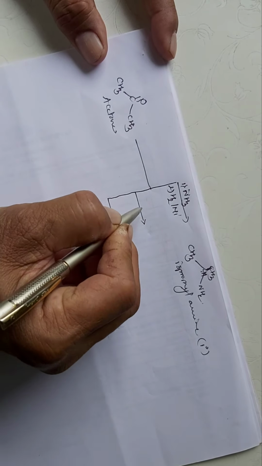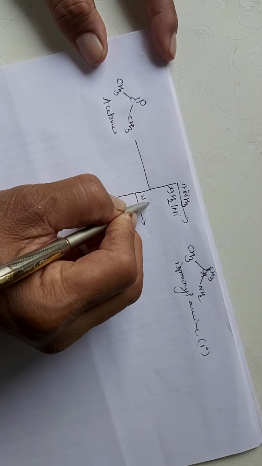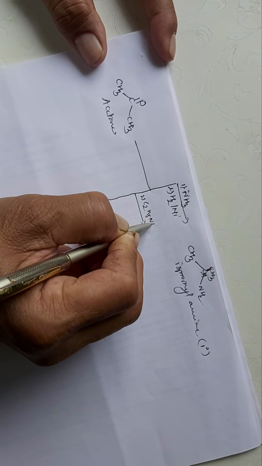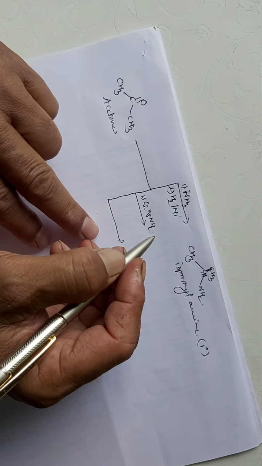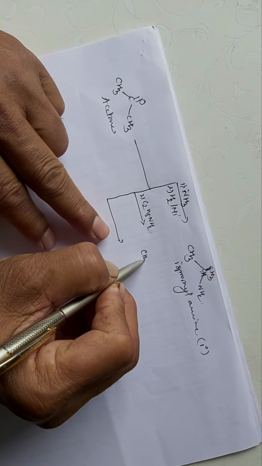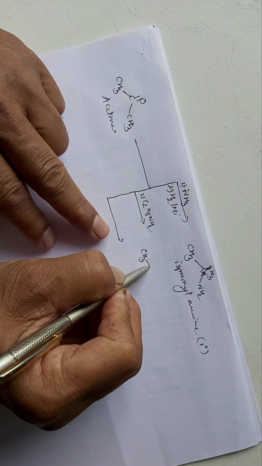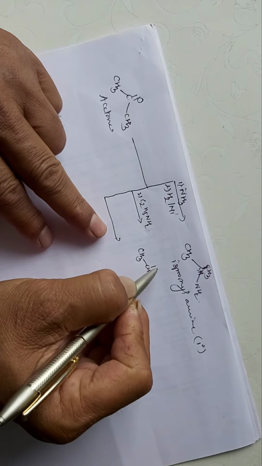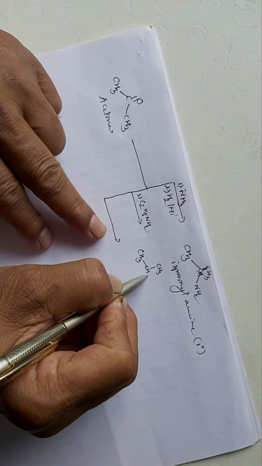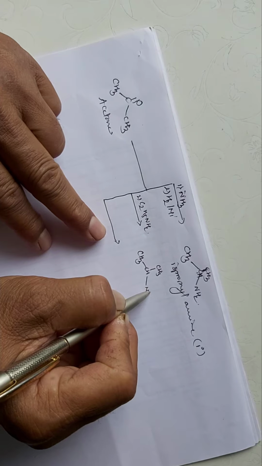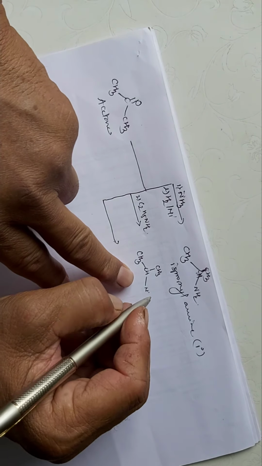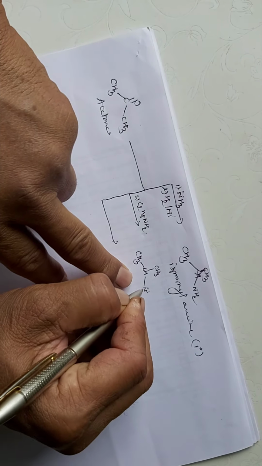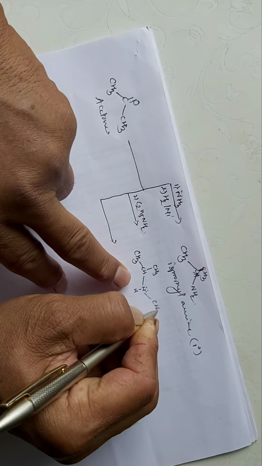Then if you allow it to react with primary amine, that is C2H5NH2, you'll get the formation here of CH3CH(CH3)NHCH3.